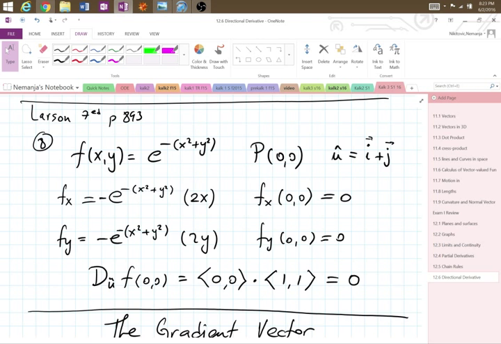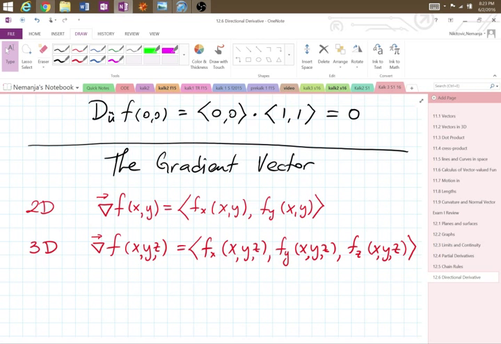But now we have a cute formula for the directional derivative. The directional derivative of f(x,y), let's say, can be written as the gradient of f dotted with u.